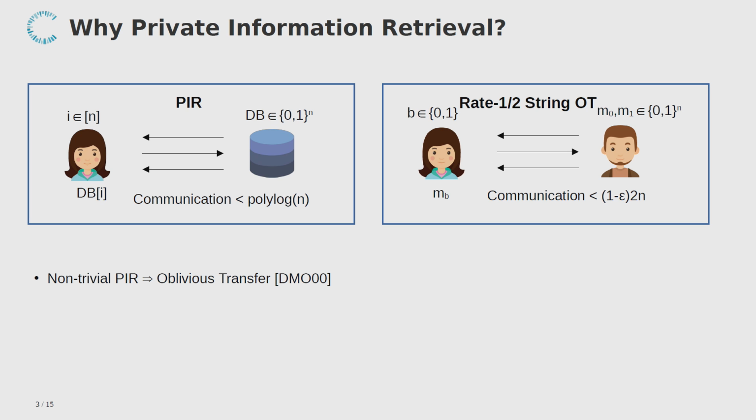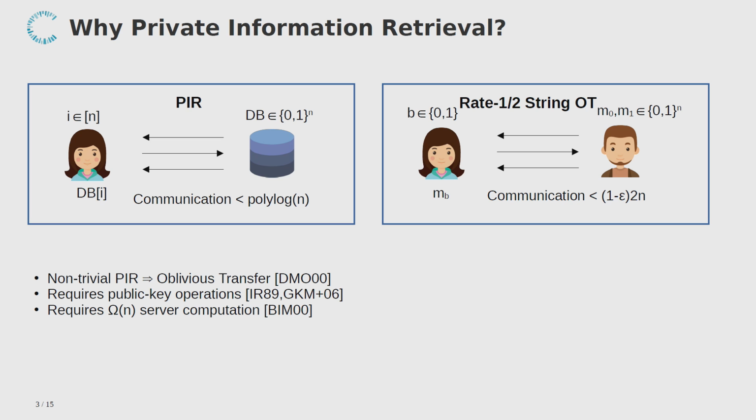Essentially, this is a compression argument. Then it requires public key operations. This kind of follows from the classic results of Impagliazzo and Rudich, because oblivious transfer essentially is some kind of public key. You can use it for some key agreement.